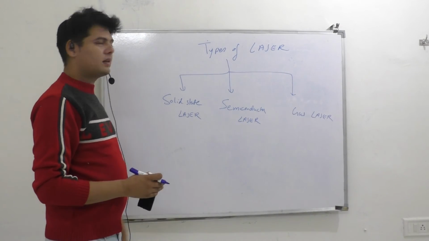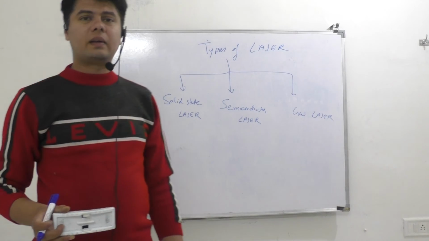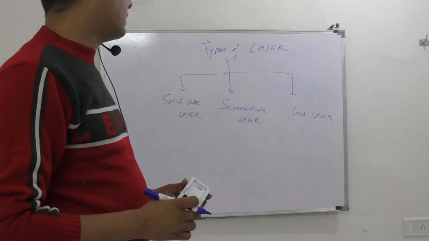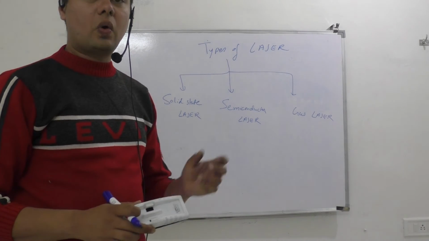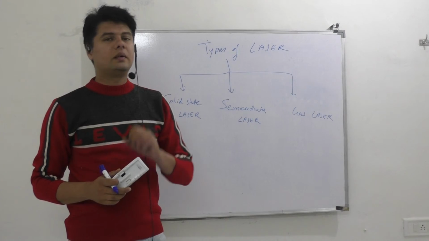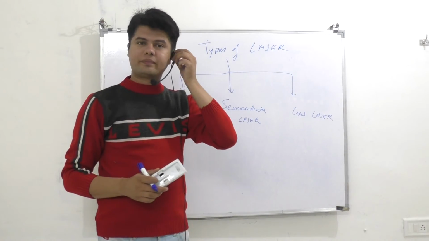Solid state lasers include the ruby laser, semiconductor lasers include the PN laser, and gas lasers include the helium neon laser. So in this lecture we will understand the solid state laser, that is the ruby laser.